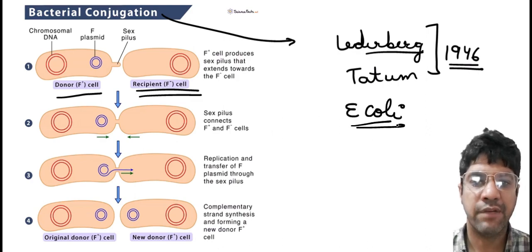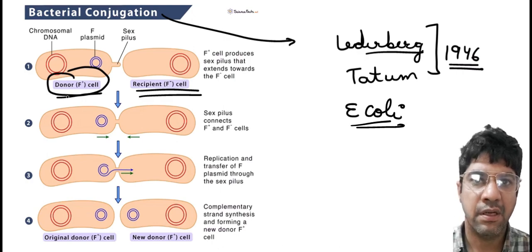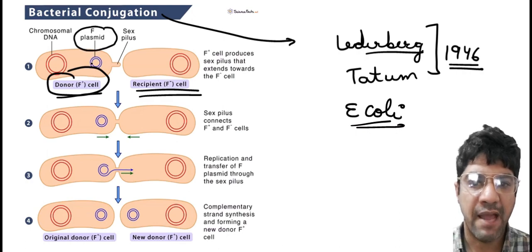So in conjugation, one bacterium acts as a donor, which contains a plasmid known as the fertility factor. The F factor contains genes responsible for the formation of specialized fimbriae, the sex pilus.